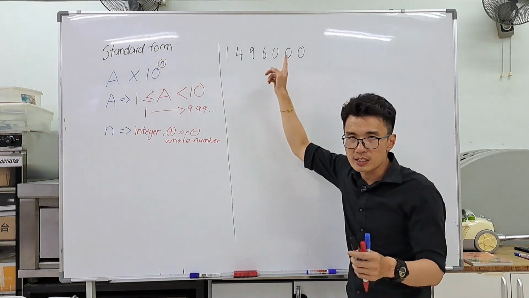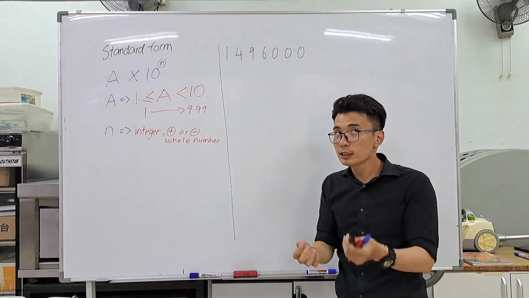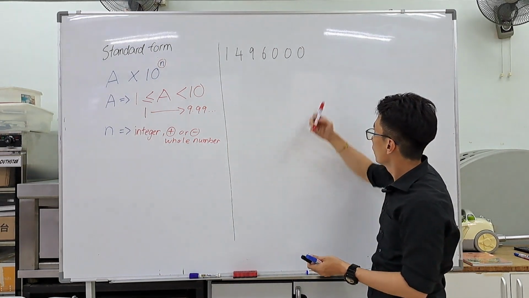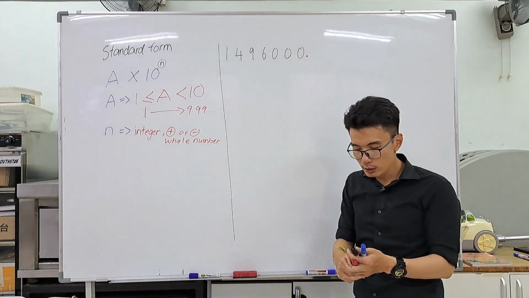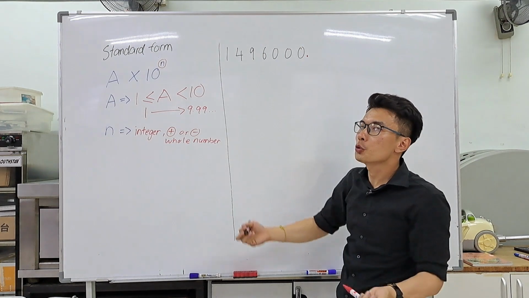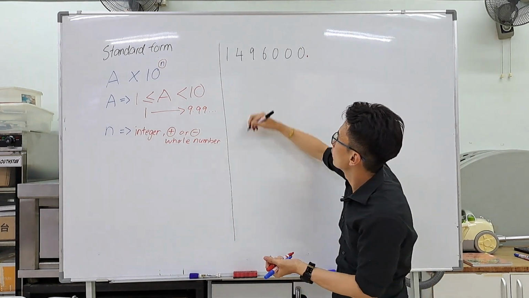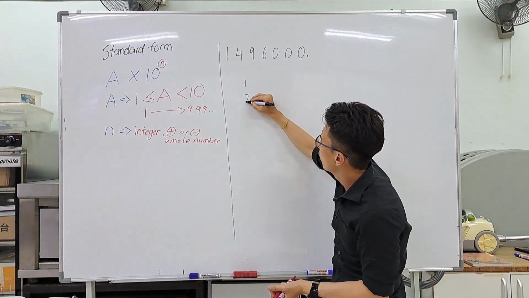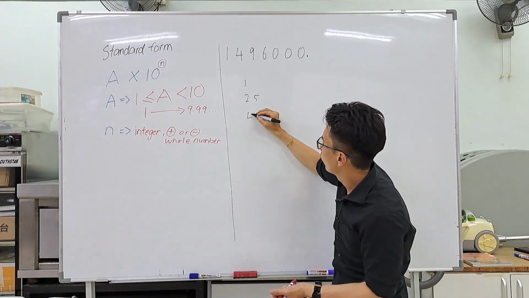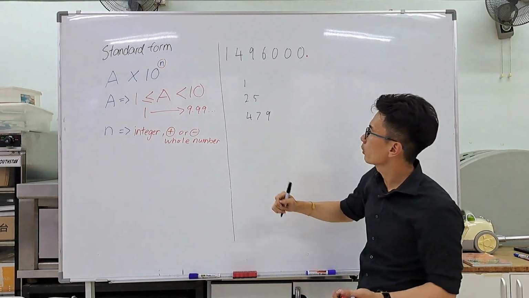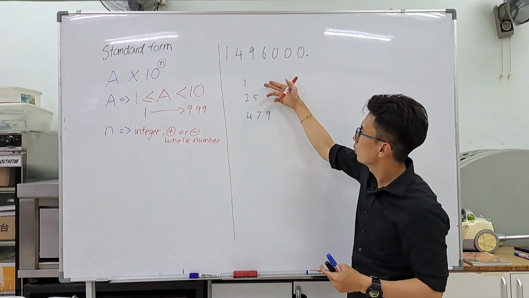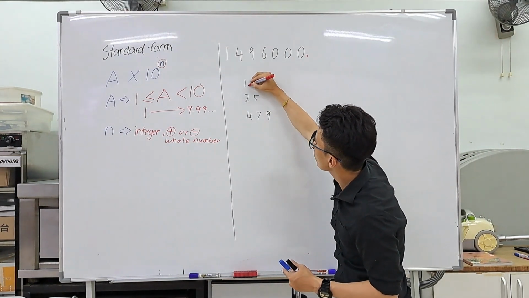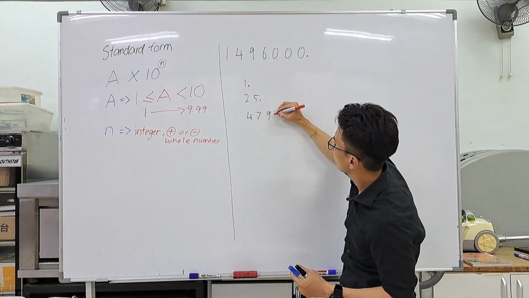In this case, this is a whole number, so the decimal place will be located at the end of the whole number. This is true for any whole number, for example 1, 25,479. The decimal place in all these whole numbers is always at the end.